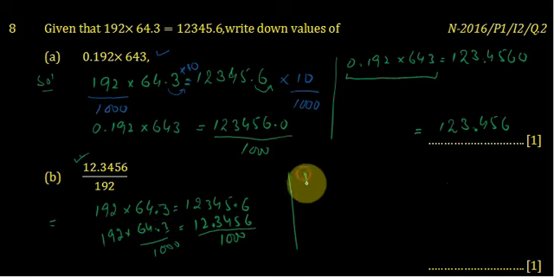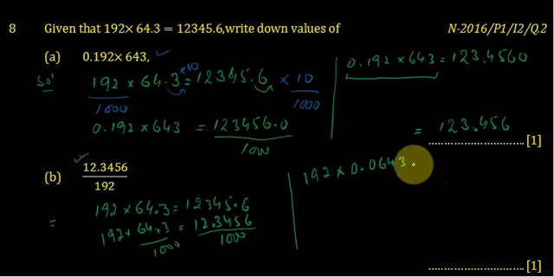Now this equation becomes 192 multiplied by, there are three 0s, so the decimal moves three places here, so it becomes 0.0643, is equal to 12.3456. Actually, I have to do this movement of the decimal in the next step, so I just did it before. You have to do it after this statement.